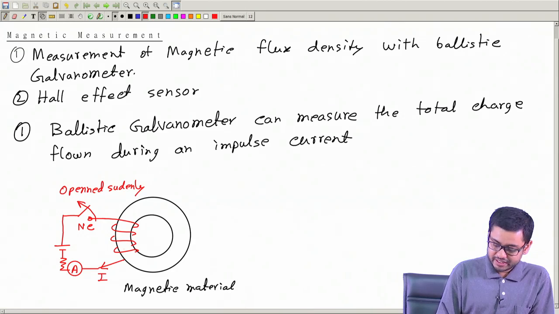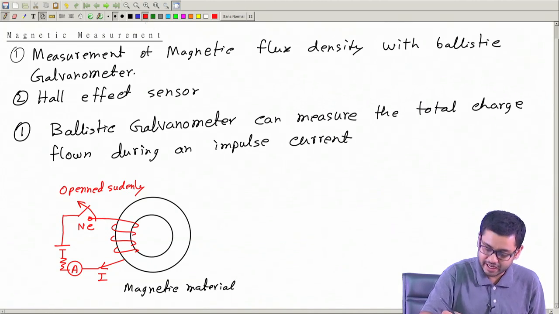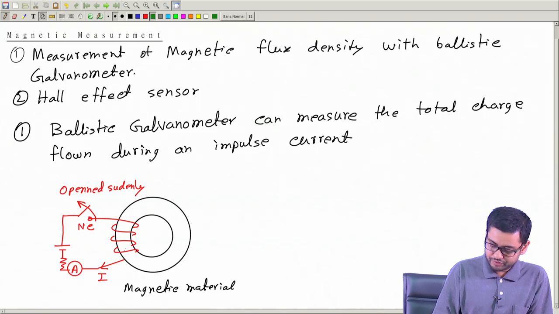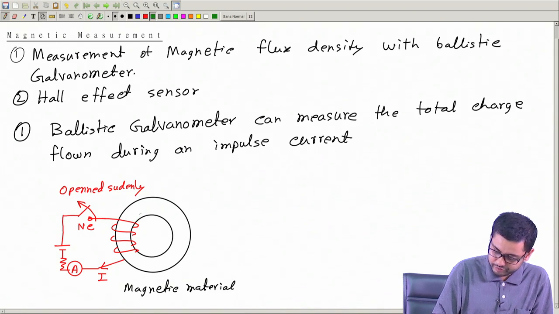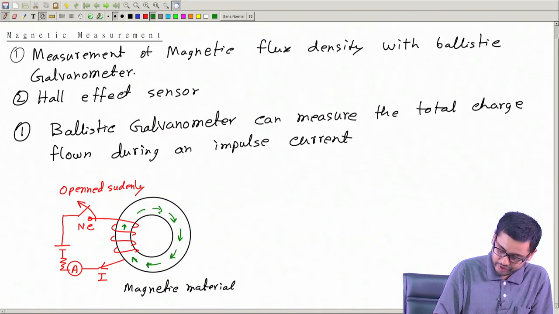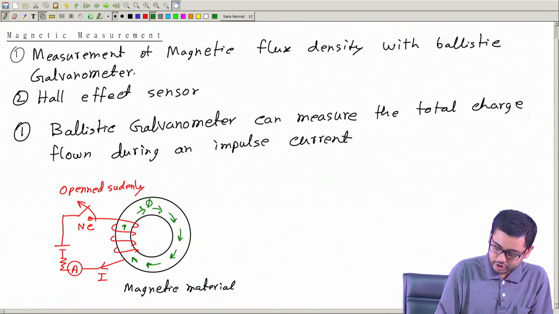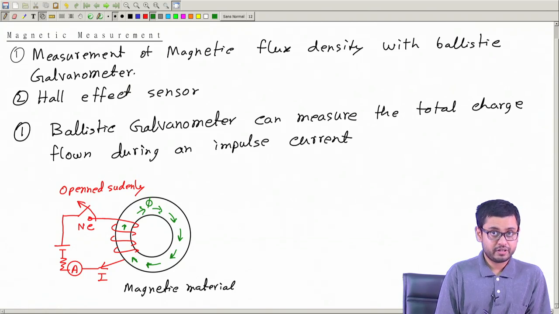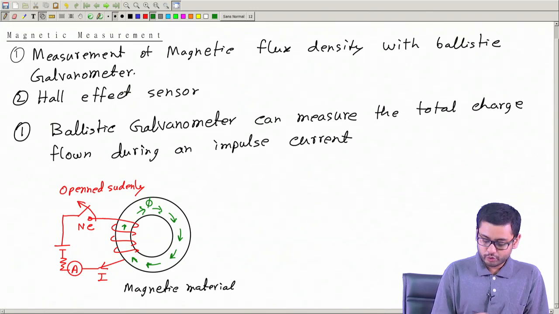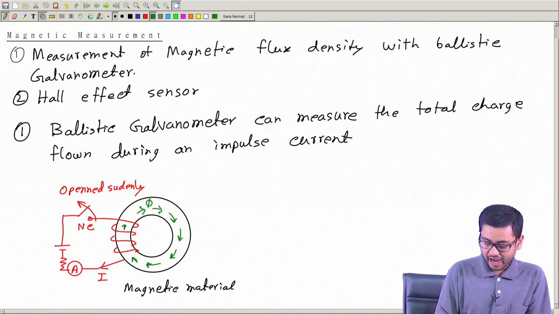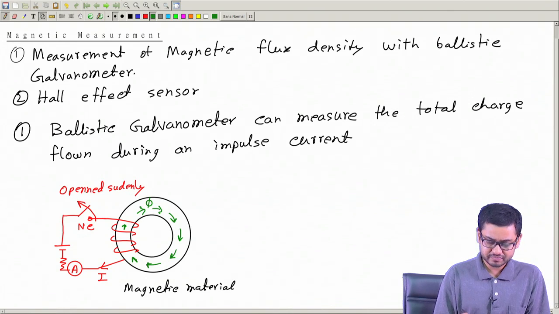Now, if we change this current suddenly, then the flux in this core, which exists when the current is flowing, will also become 0 very quickly, as soon as we make this I equal to 0 by opening this switch.